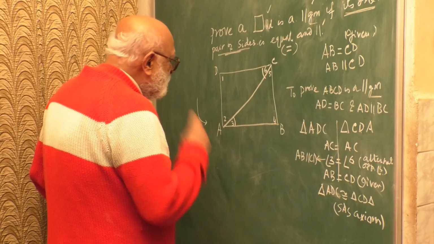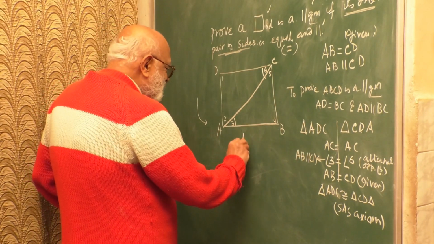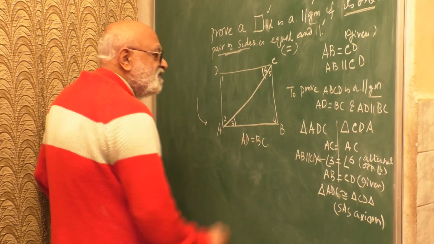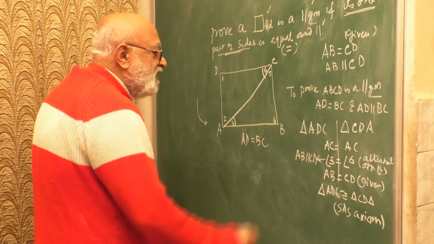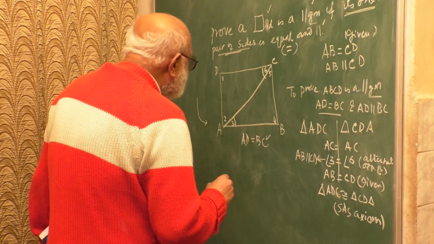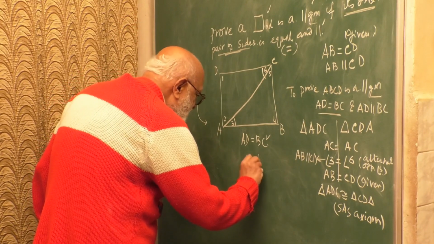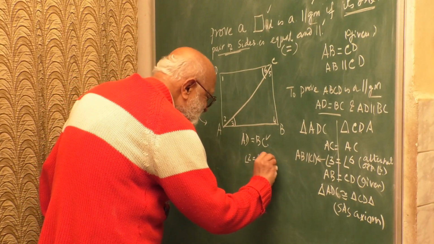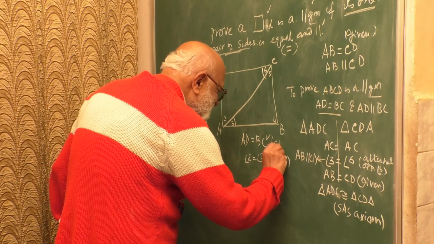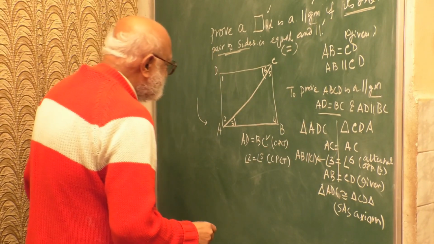So once I do that, I can automatically say AD is equal to BC. So that is what I have to prove. AD is equal to BC, I have proven. And also I can take that angle 2 is equal to angle 5 by CPCT.